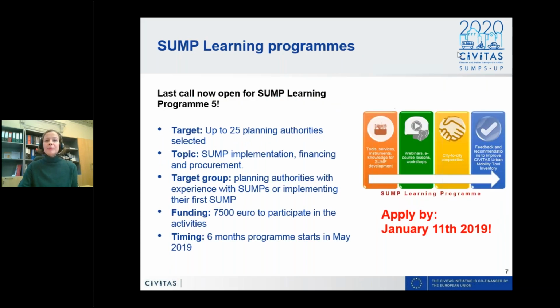So the SUMP learning programs: we have already implemented or are currently implementing 4 different learning programs, and just last week we opened the call for the last SUMP learning program, the 5th. Our target is to select up to 25 planning authorities for this call. And the topic for this learning program will be SUMP implementation, financing, and procurement.